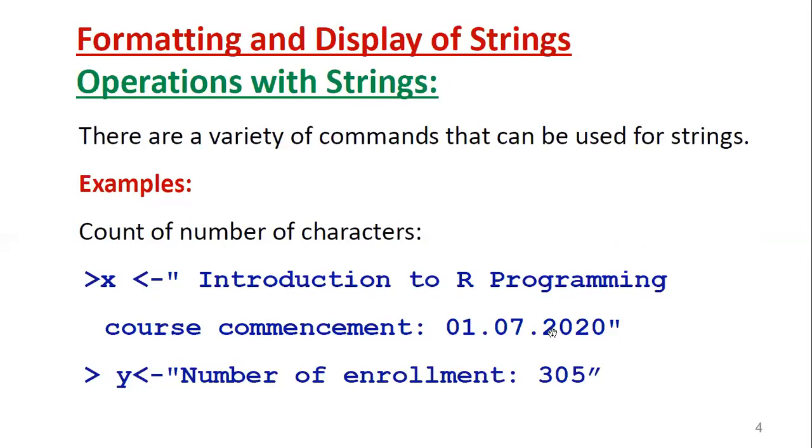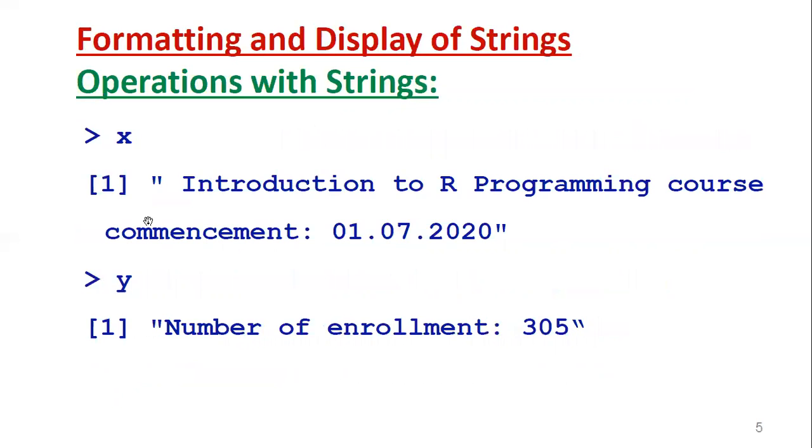This is our course statistics. Now from the vectors X and Y, if you want to count the number of characters, whenever you call the vectors X and Y, the original strings will be displayed as they are.